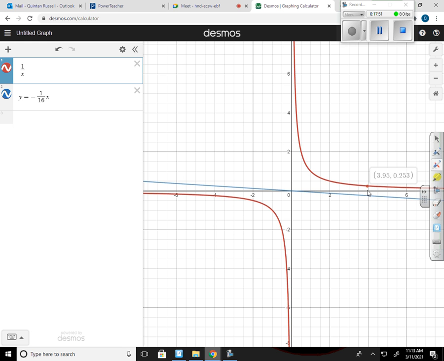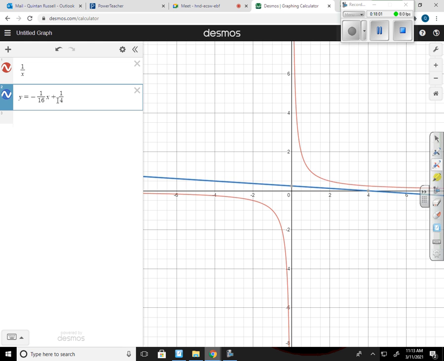There's something wrong here. It's not quite right. I need to have that negative 1/16 x plus 1/4. Let me see what our problem is here.